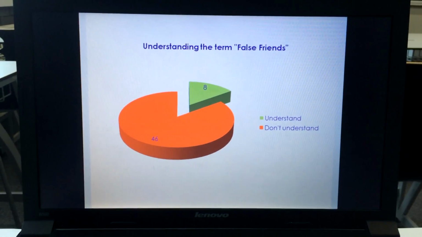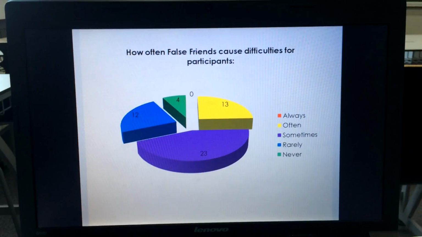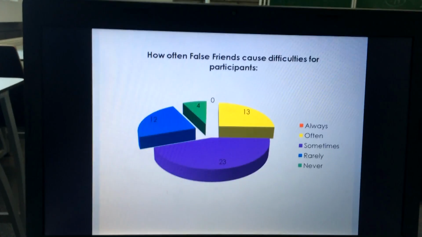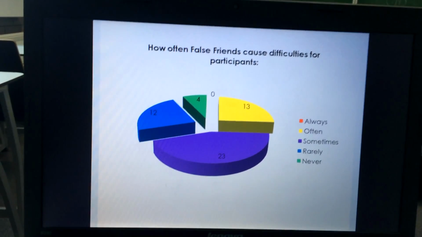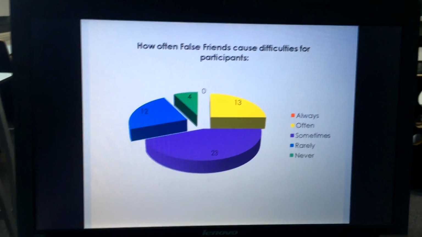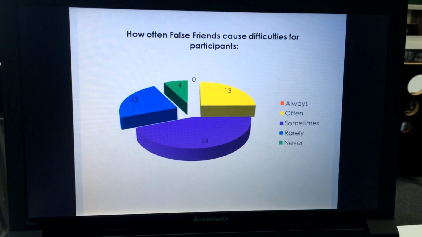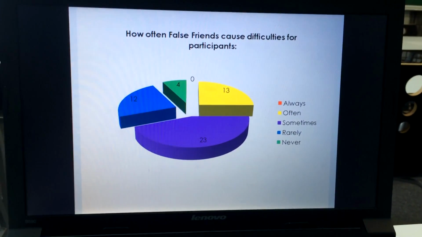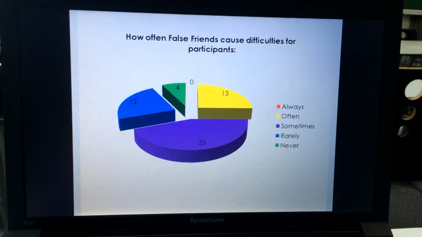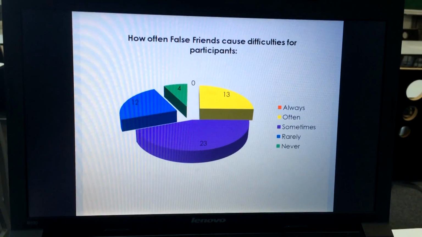Participants agreed that sometimes false friends can cause difficulties for them and cause misunderstanding. Mostly difficulties are during the communication.